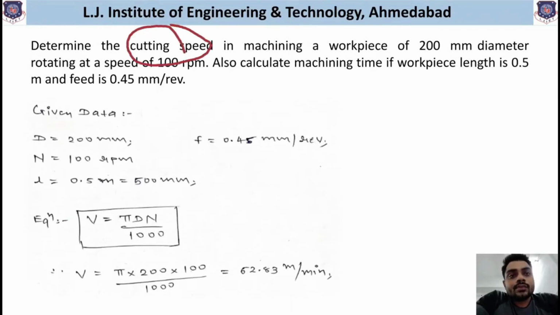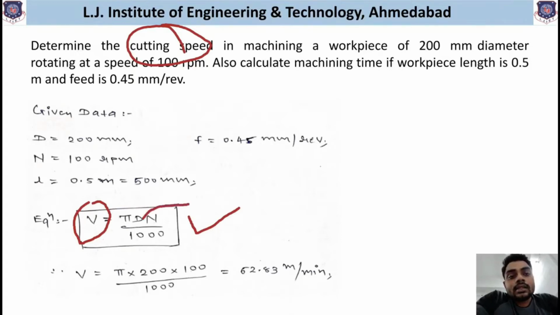So for cutting speed, as we know, the equation is cutting speed V, velocity, equal to pi D N divided by 1000. So this is the equation, and for this equation keep in mind velocity will always be in meter per minute.